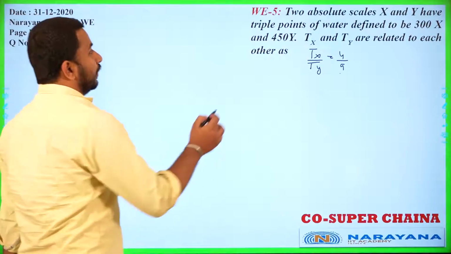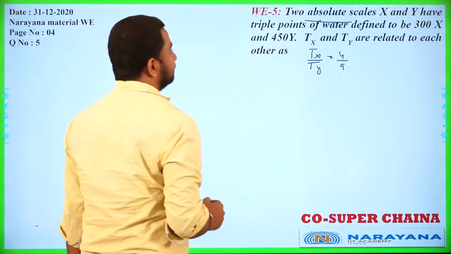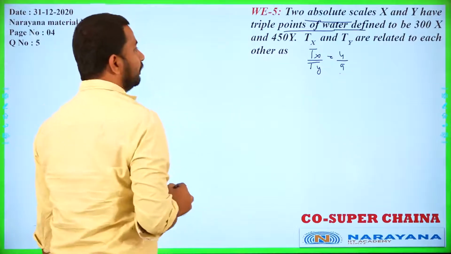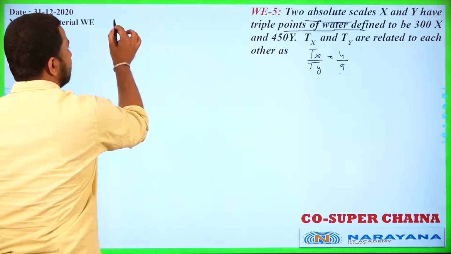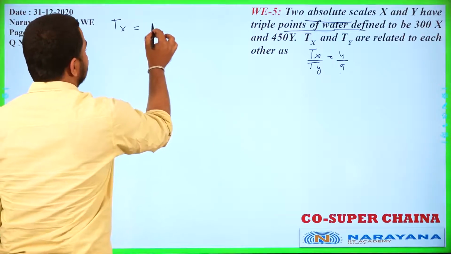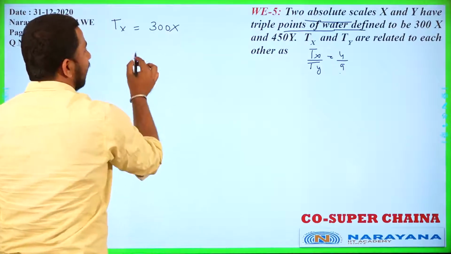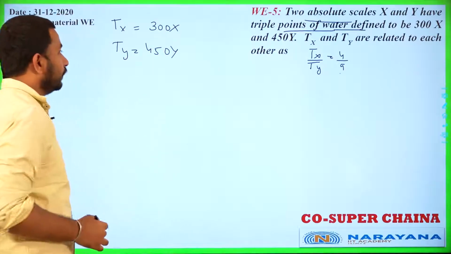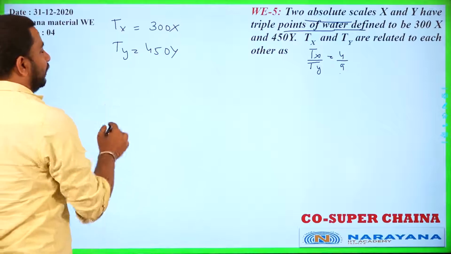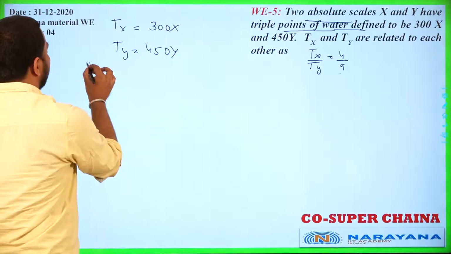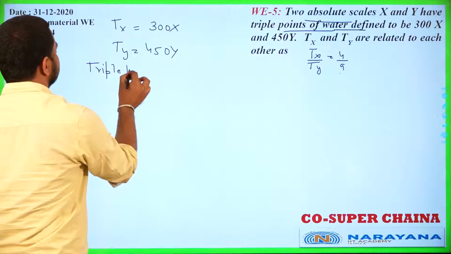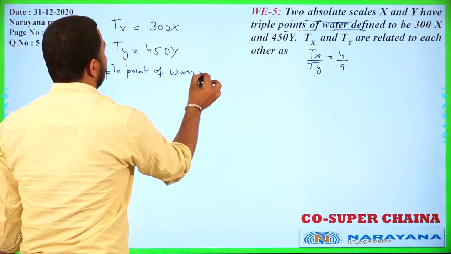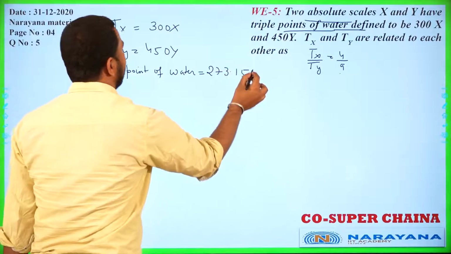Yes, the fifth question. Two absolute scales are given, and the triple point of water is defined as 300 X and 450 Y. So Tx is defined as 300X and Ty is defined as 450Y. Okay, so from here, students, what can we get? The triple point of water is 273.15 Kelvin.